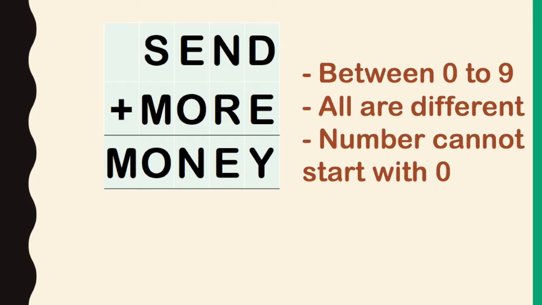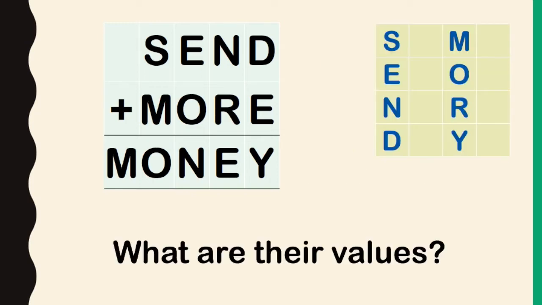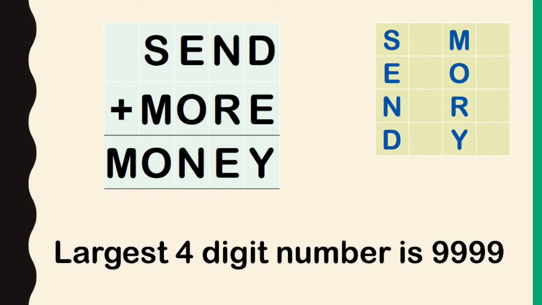So given these constraints, what is our objective? Our objective is to find the values of all these 8 characters S, E, N, D, M, O, R and Y. So how should we begin? Let's begin by noticing that the largest 4-digit number is 9999.